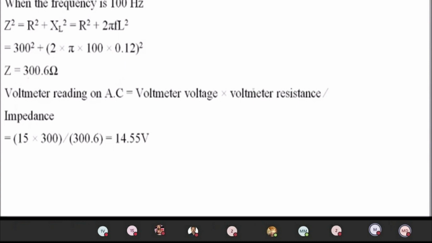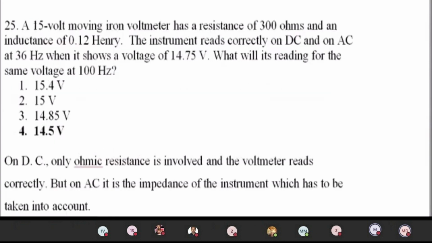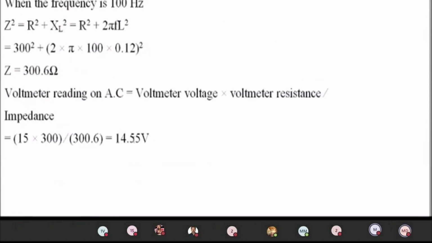The voltmeter range has already been given as 15 volt, that is the initial voltage, and 300 ohms is also specified in the question, and the impedance we have found as 300.6. So the meter will measure up to 14.55 volt.